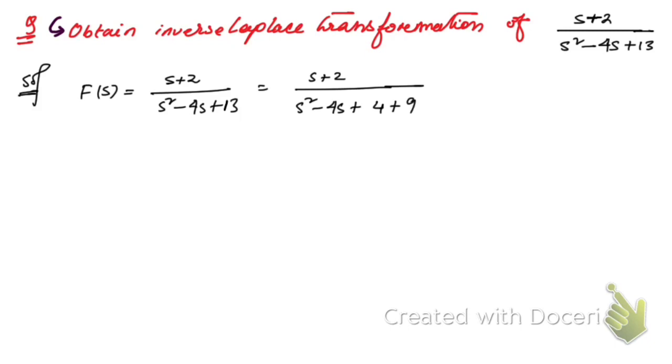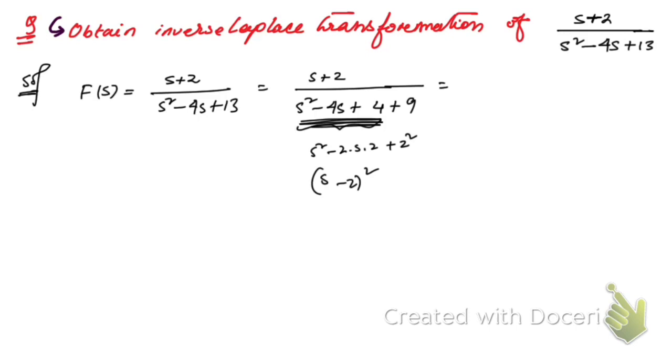So what we can do here now, so here you can say this is s square minus 2 into s into 2 plus 2 square, right? This part I'm talking about, this part. So this is going to be my s minus 2 whole square, s minus 2 whole square, right?